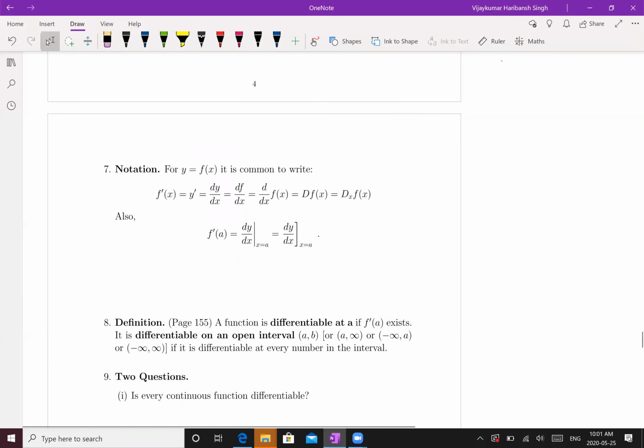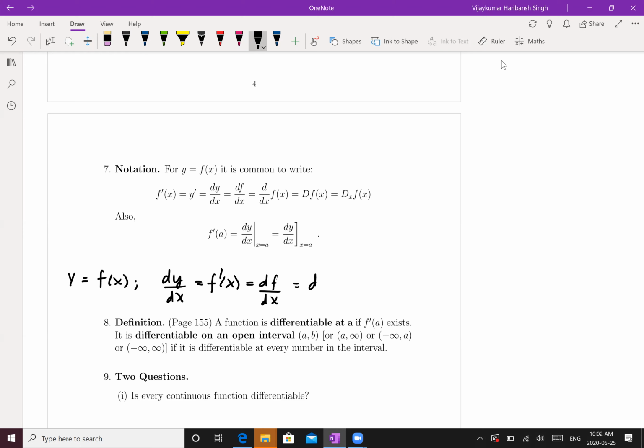So let's move ahead. Now, derivatives are given. There are many notations for the derivative. So you have f prime. If y equals f of x, then the derivative can be written as dy by dx. That is the same as f prime of x. That is the same as df by dx. That is the same as d by dx of f of x. That is the same as d f of x, with respect to x.